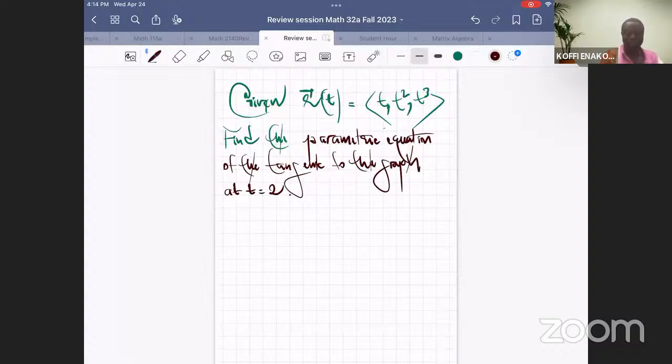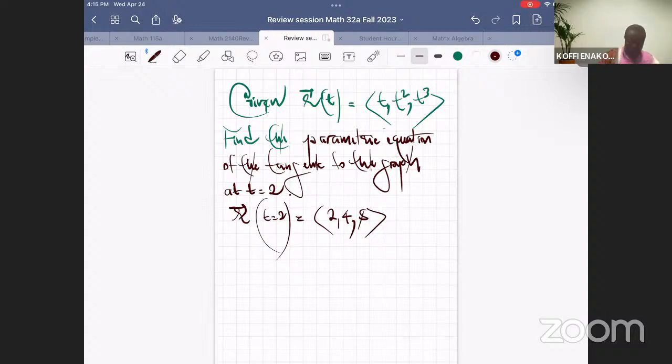You need to find the direction vector and a fixed point. The fixed point at t equal to is 2, 4, 8.